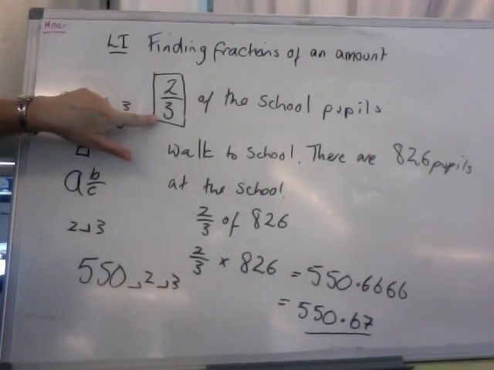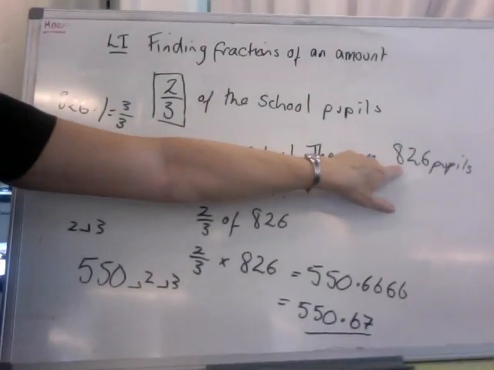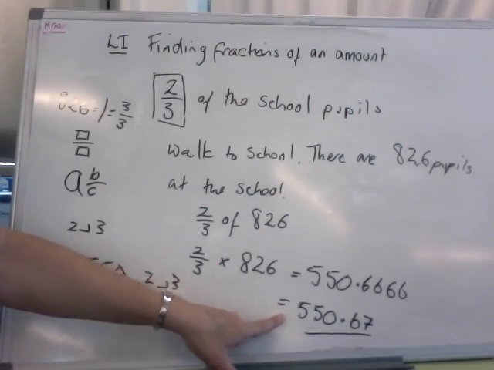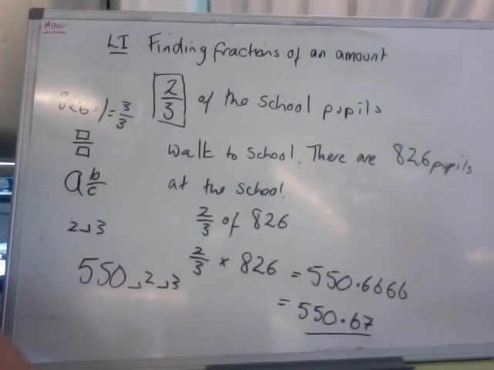So 2/3 of 826 to 2 decimal places is 550.67. Can we have 550.67 people walking to school? No, we can't, can we?